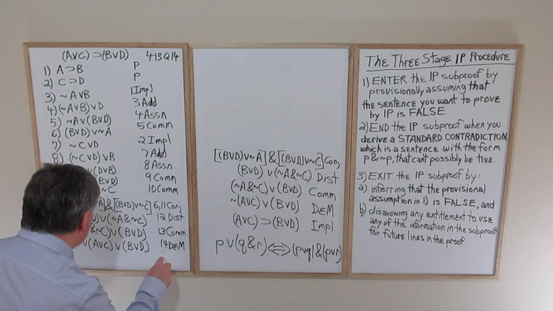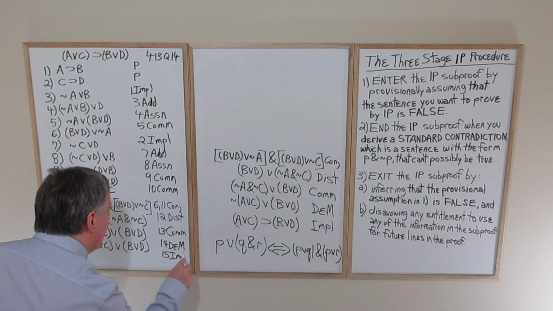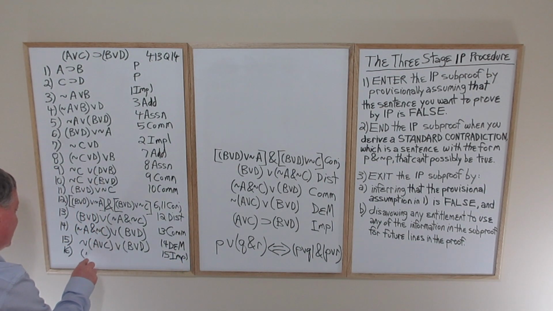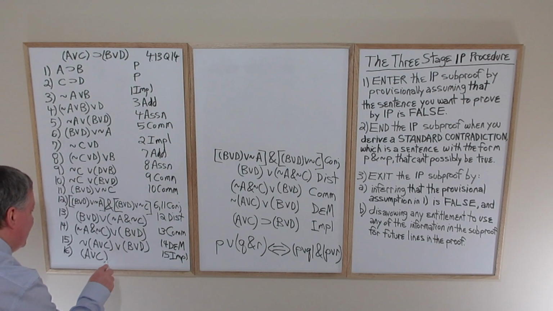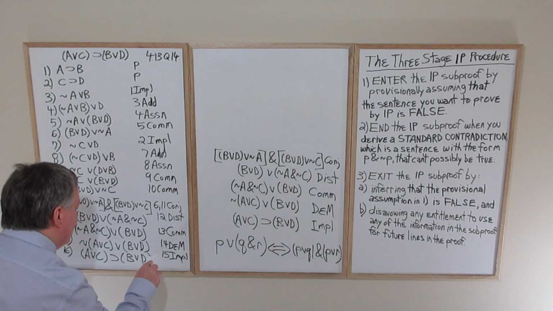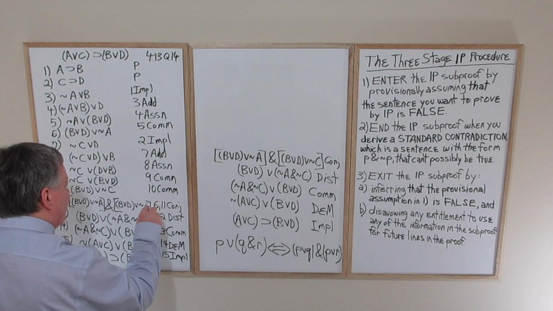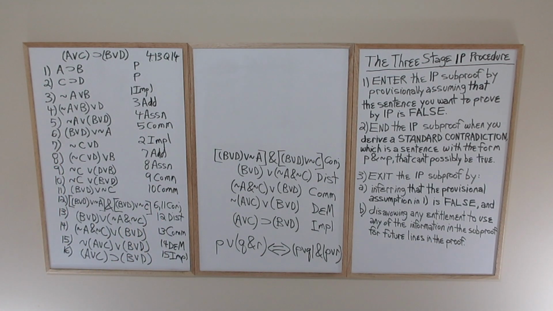We do 15 implication to get A or C horseshoe B or D. So not a super long proof, only 14 lines of inference, but a pretty tricky proof. A proof which requires fairly intricate strategic planning.